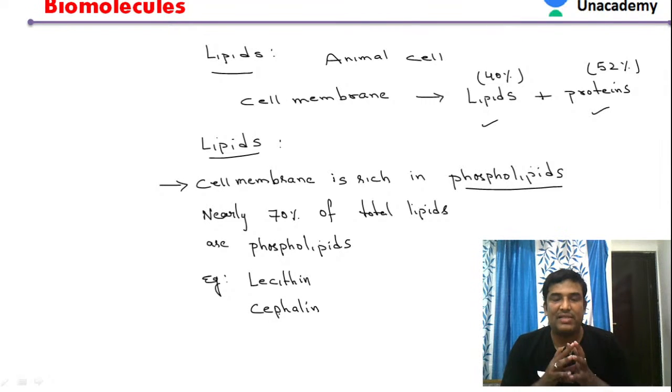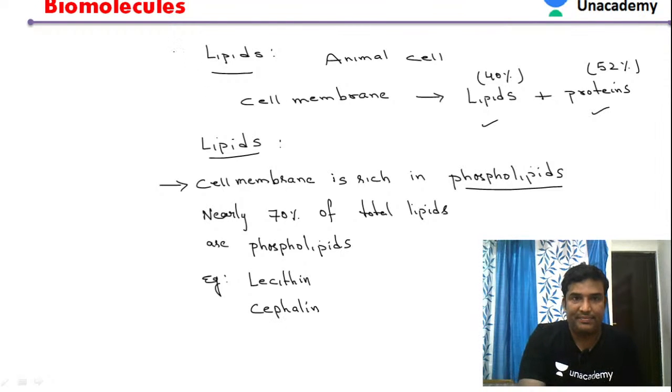These are the two best examples of phospholipids. So cell membrane is rich in phospholipids.